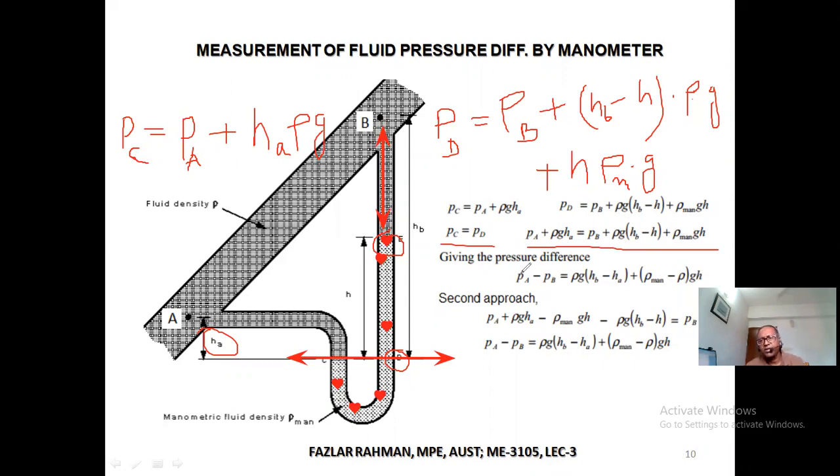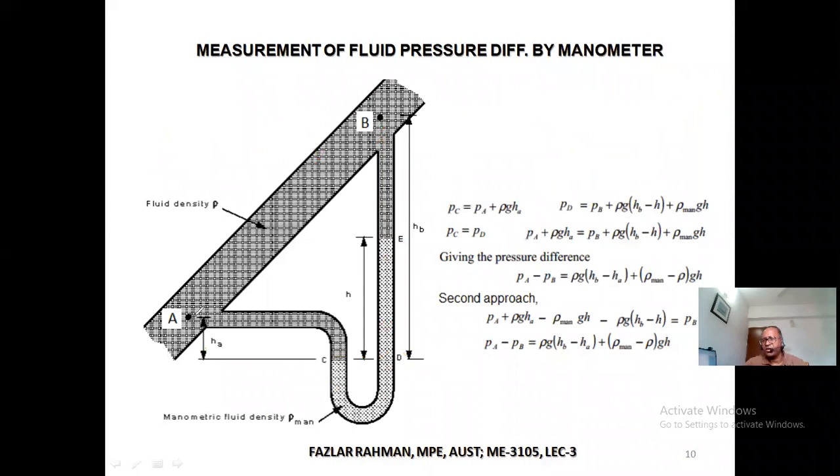Now, there is another option where you can walk down from one point to another point. Let's start with point A. So how will we travel from point A? From point A, you come right over here. That means the pressure right over here and right over here is the same.